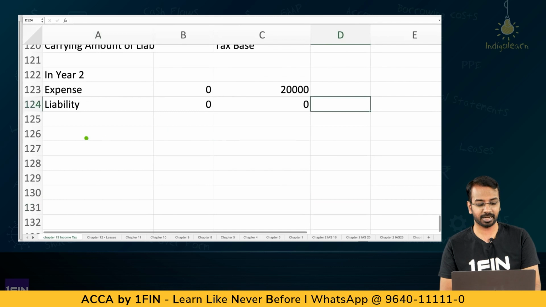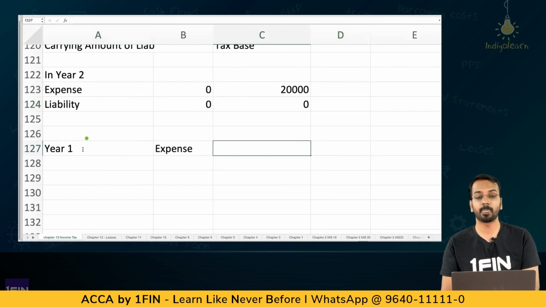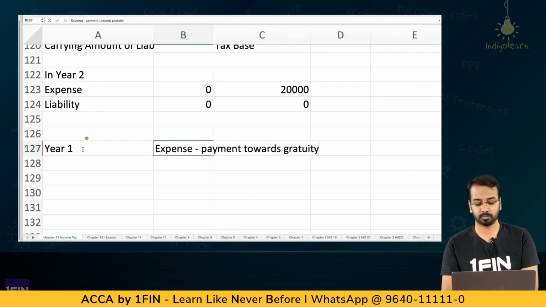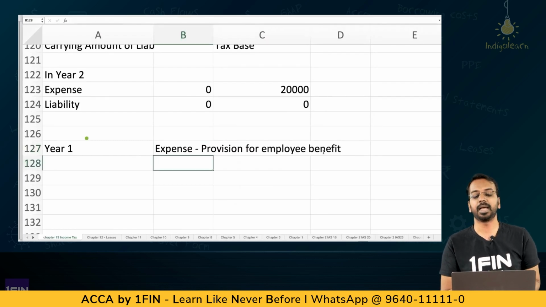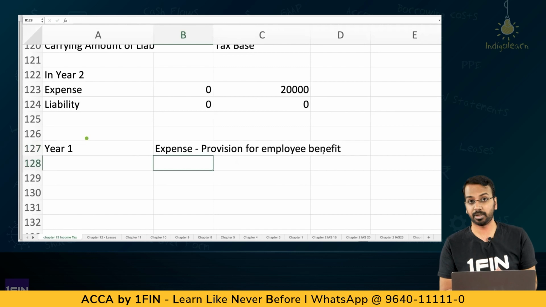Then, let us take another example. Year 1 expense, let us say, I would rather say provision. Okay. Expense, provision for some specific employee benefit. Again, all of these will be given to you in the examination.